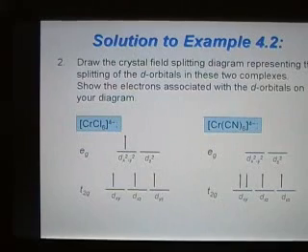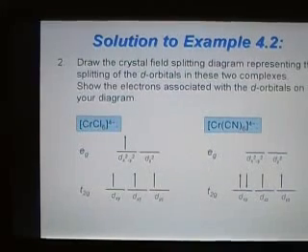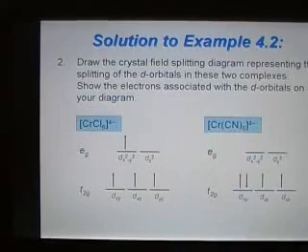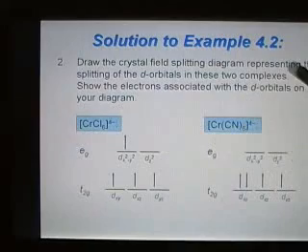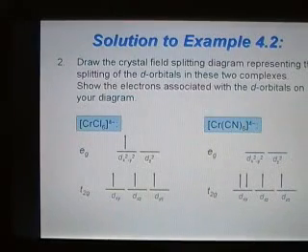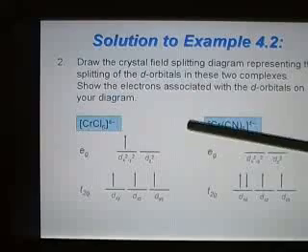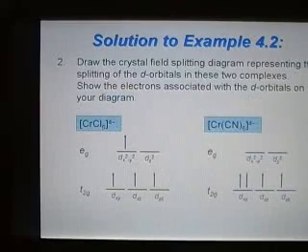So now let's draw the crystal field splitting diagrams for the two complexes. Remember, we're looking at just the d orbitals on the metal cation in the complex and their electrons. These are both octahedral compounds. So you should get the characteristic eg, t2g splitting.